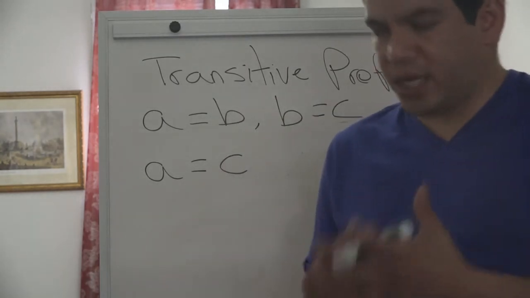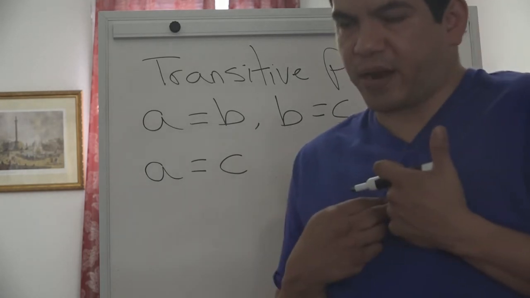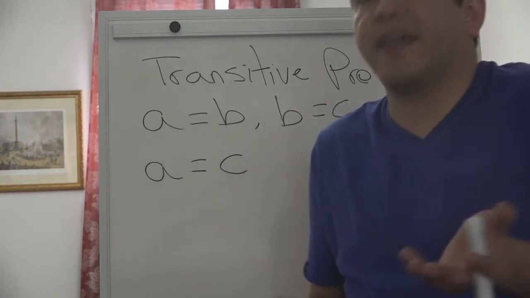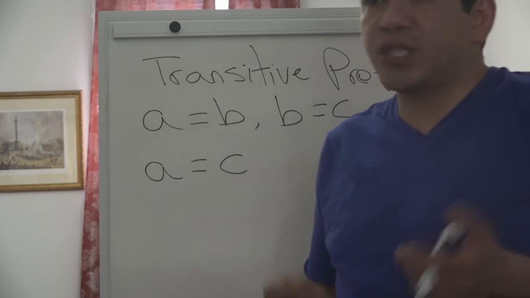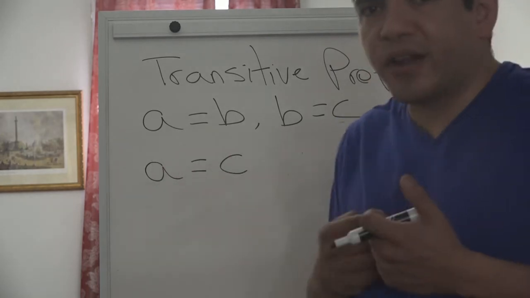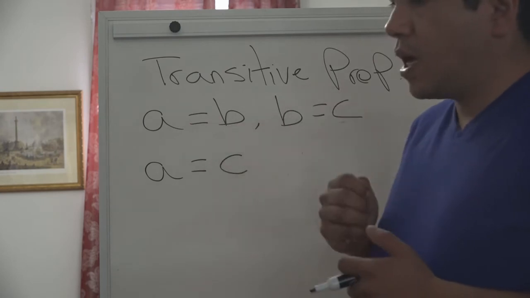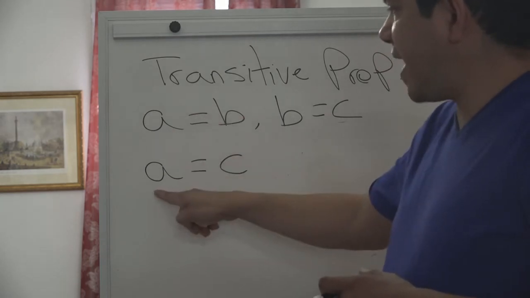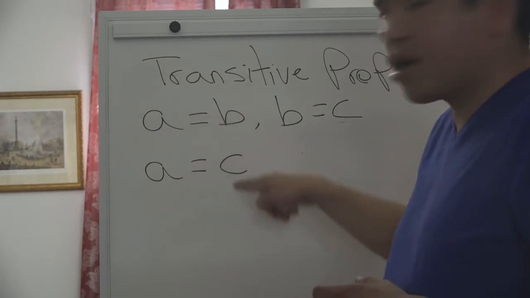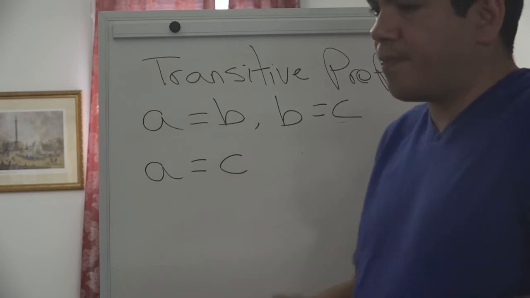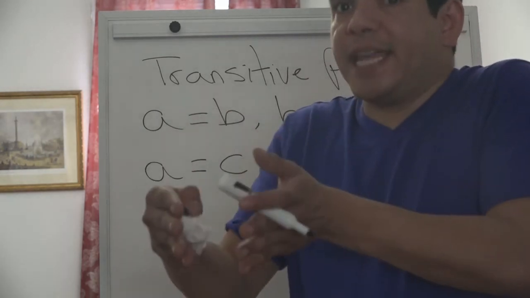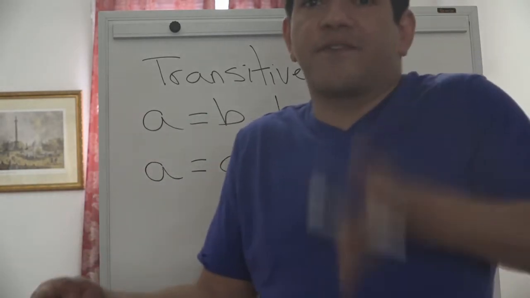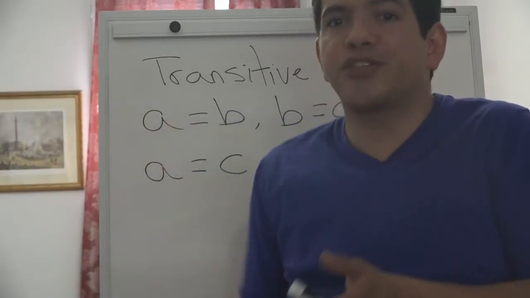If I am 20 years old, Anna is 20 years old, Becker is 20 years old, Carlos is 20 years old, therefore Anna is the same age as Carlos. Make sense? If one quantity is equal to another and that other quantity is equal to a third quantity, then the first quantity should be equal to the third quantity.